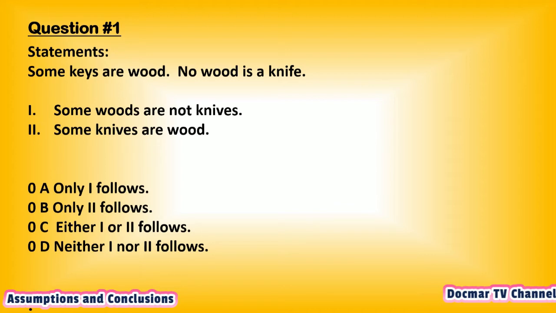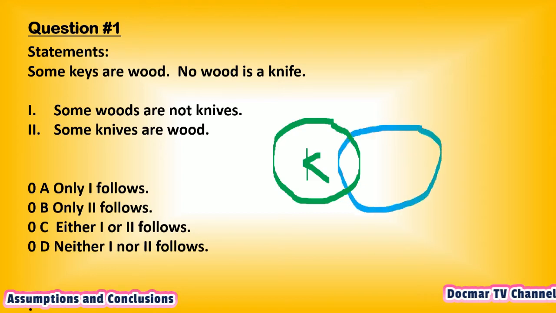Okay, question number one is statements like this. Some keys are wood. No wood is a knife. So what can you say about the idea here? Of course, we have learned that some keys are wood. So we have to draw two circles. Sabi daw, some keys are wood. Meaning to say, this is key, and of course, we have another color which is wood.